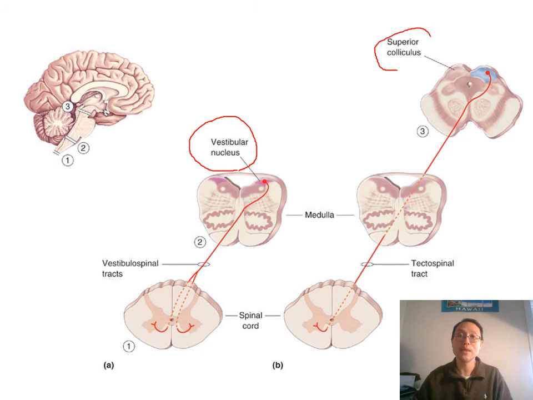And the tectospinal tract originates in the midbrain in the superior colliculus, and it goes all the way down through the medulla, and then it makes its synapse in the spinal cord. Okay.